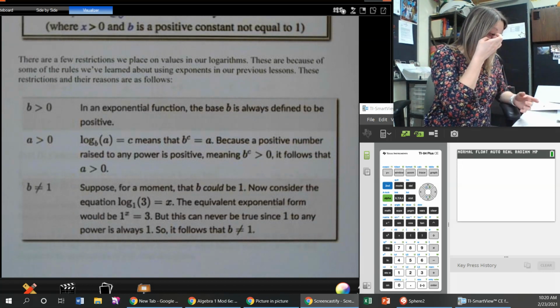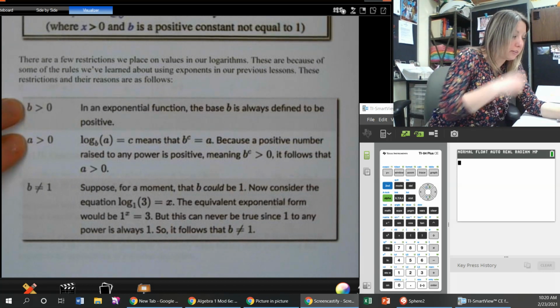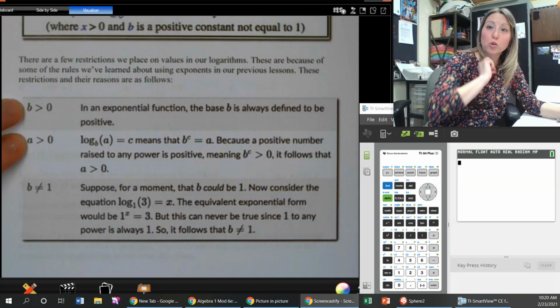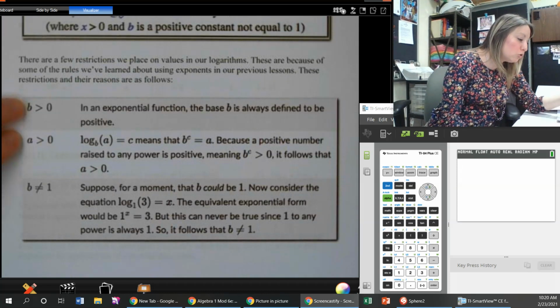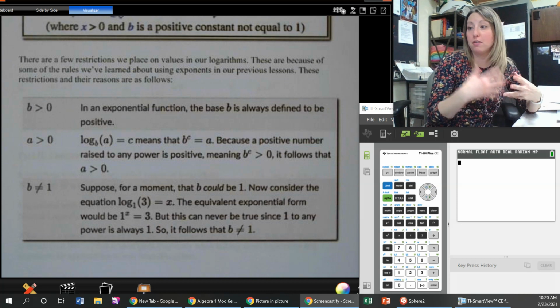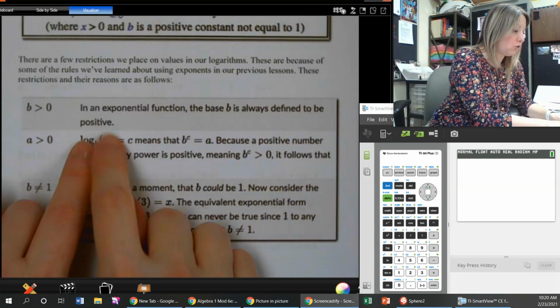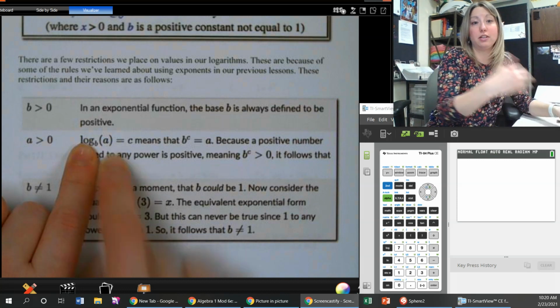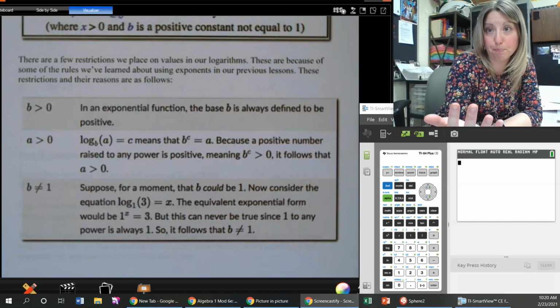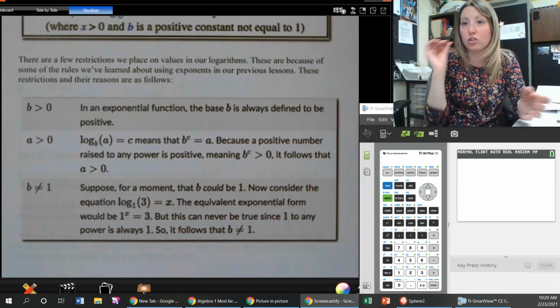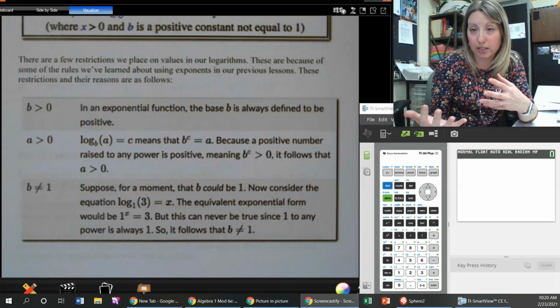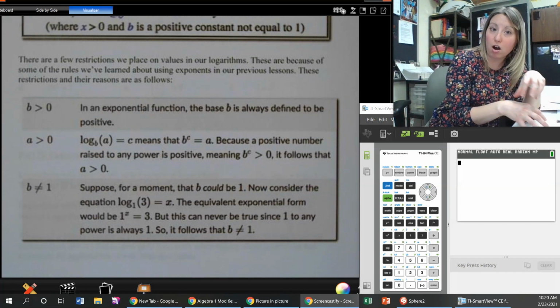Okay. Also, we need those a and b to be greater than 0. So your base needs to be a value that's bigger than 0. And your a value, meaning your answer right here, needs to be a value that's bigger than 0. Okay, and that's just stuff that will intuitively make sense as we get into the logs.